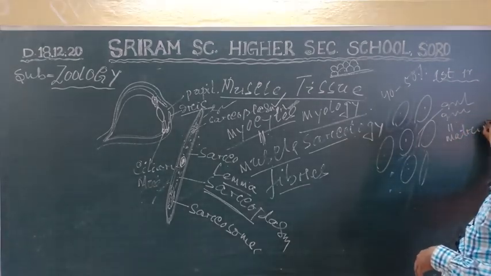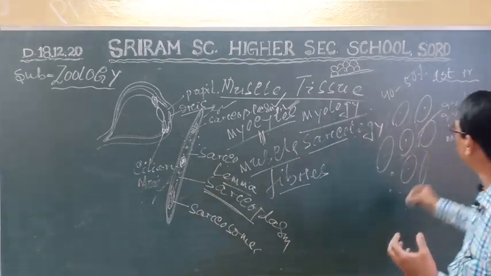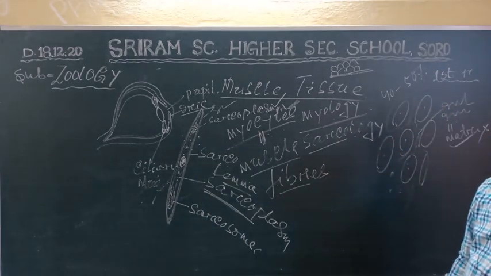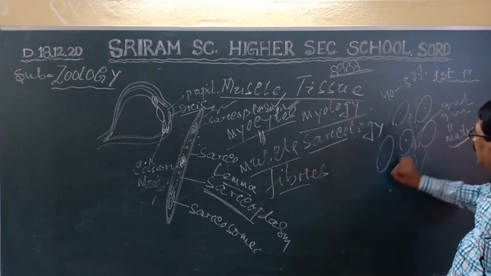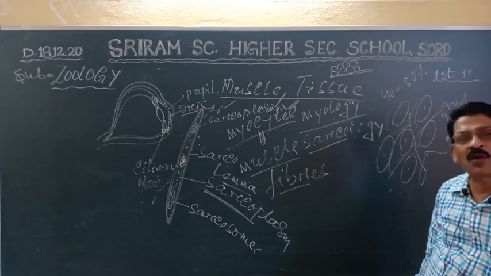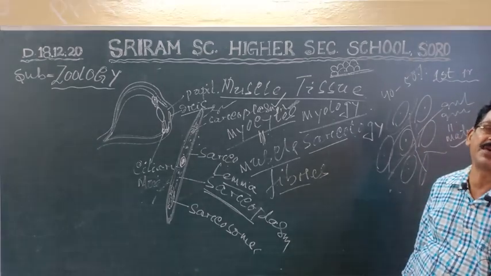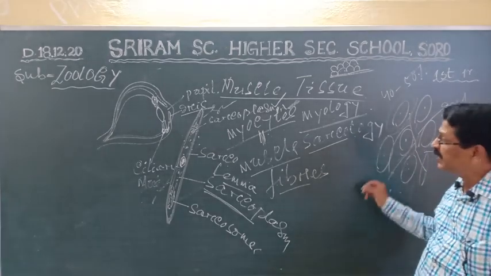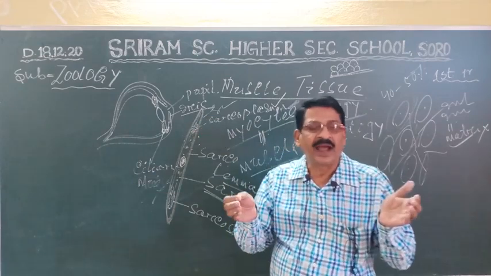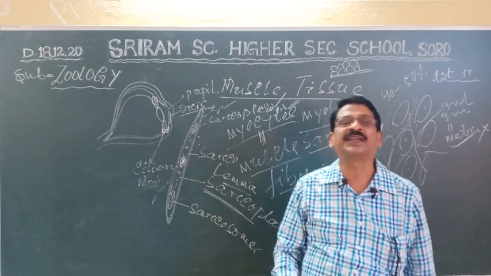In connective tissue, the matrix is more and the cells are less. Inside the matrix, different types of fibers are present, mainly white fibers and yellow fibers, along with some reticular fibers. Clear? But the muscle cells are held together by connective tissue without any intercellular space.